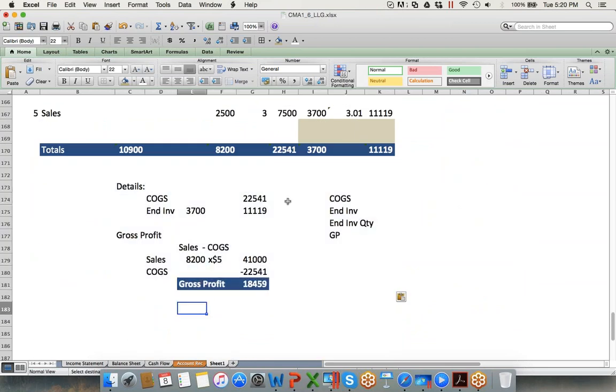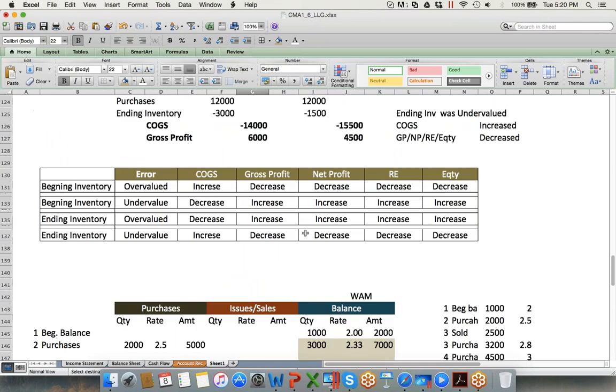Here 22,541. Ending inventory 11,119. 3,700 is matching. Then cost of goods sold, gross profit, sales 41,000, 8,200 times 5, and 22,541, then 18,549.